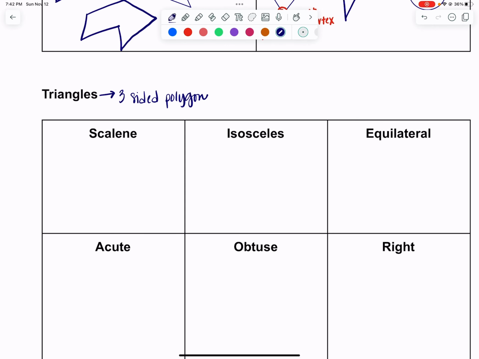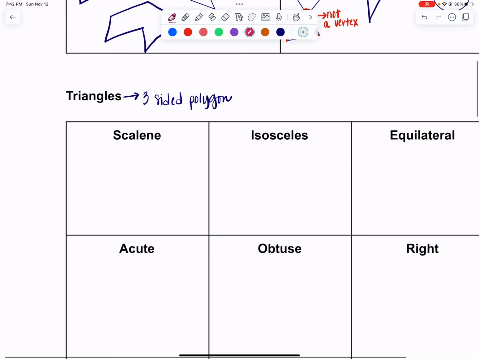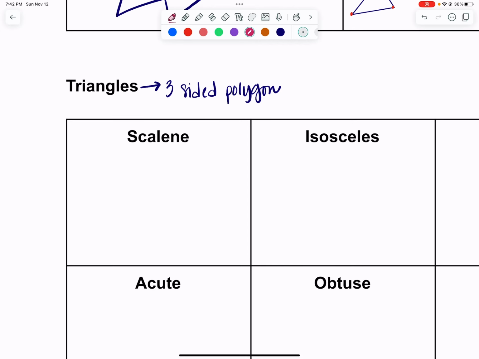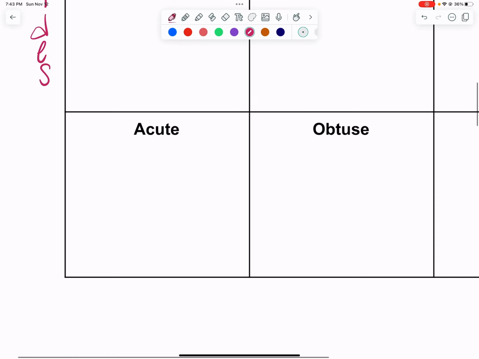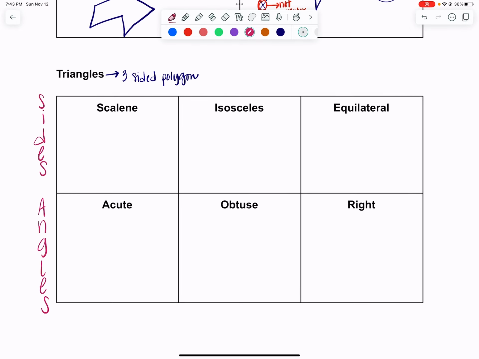The first way is by their sides, and that is this first row. The other way is by their angles. We'll talk about sides first.